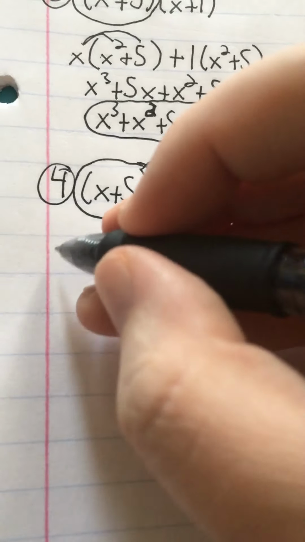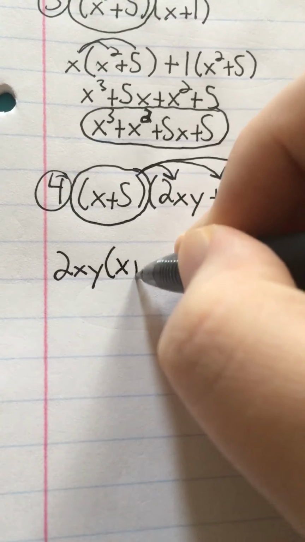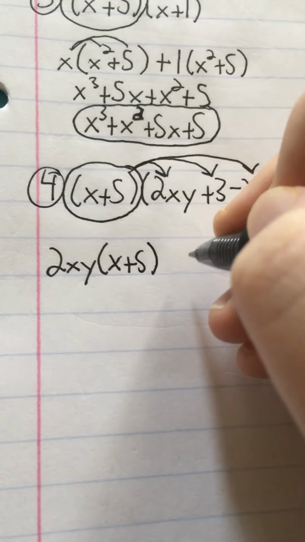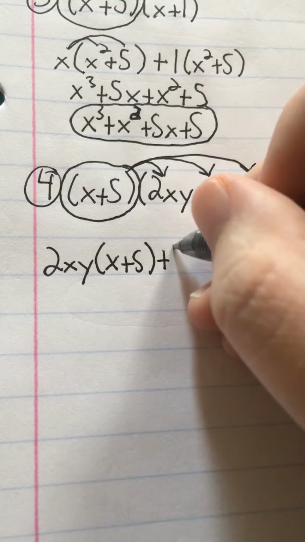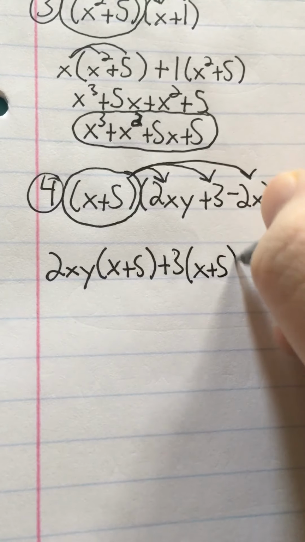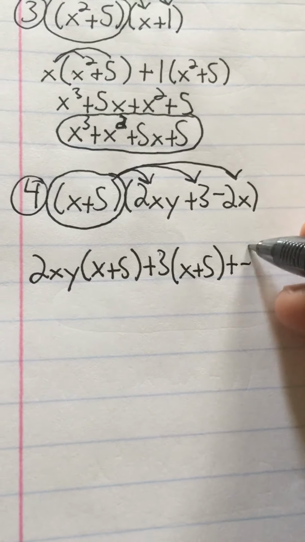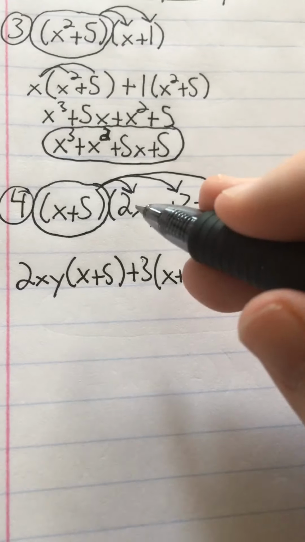So we have our 2xy times our x plus 5 plus our 3 times our x plus 5 plus our negative 2x times our x plus 5.